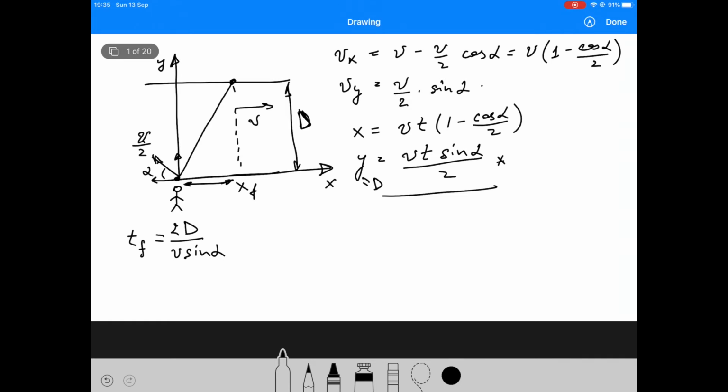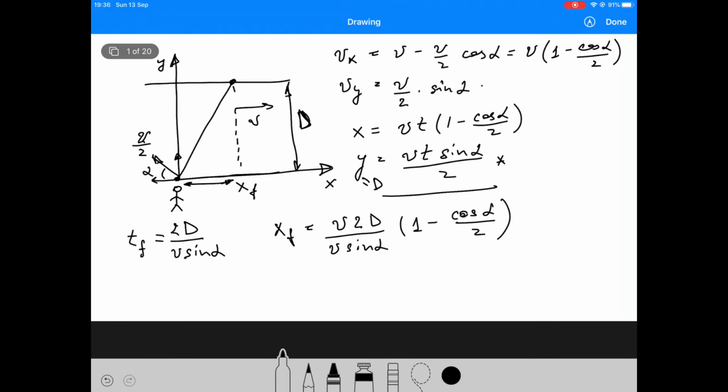Now we can get the equation for x final, which is V, where instead of t we substitute its value tf, 2D divided by V sine alpha, and this we need to multiply by 1 minus cosine alpha divided by 2.